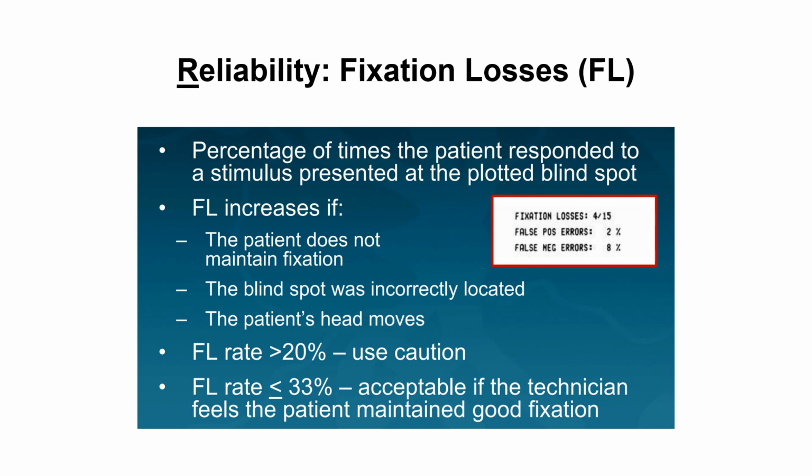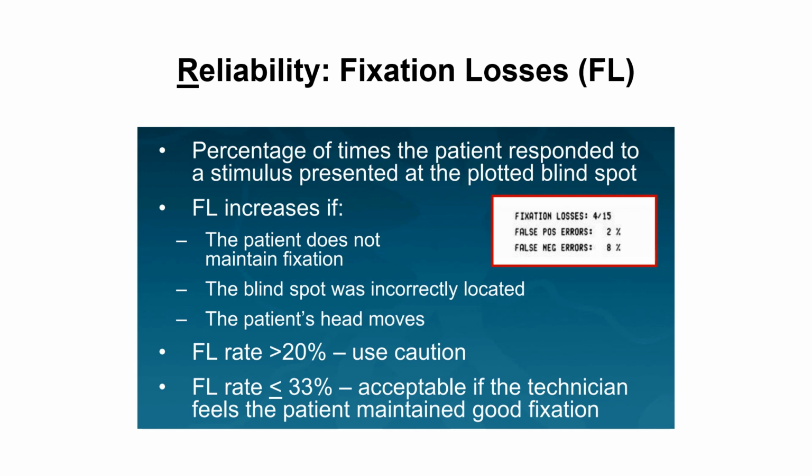So fixation losses usually increase if the patient doesn't maintain fixation, keeps moving his eye, the patient's head moves, or the blind spot was incorrectly located at the beginning of the test. And this is the main drawback of the Heijl-Krakau method, where they present a stimulus to the plotted blind spot.